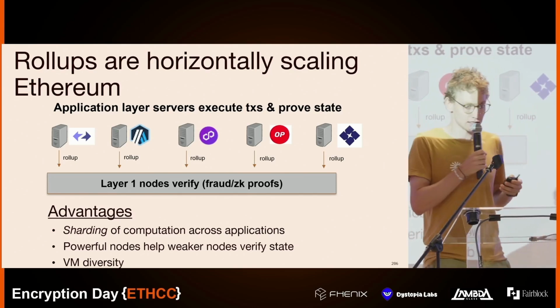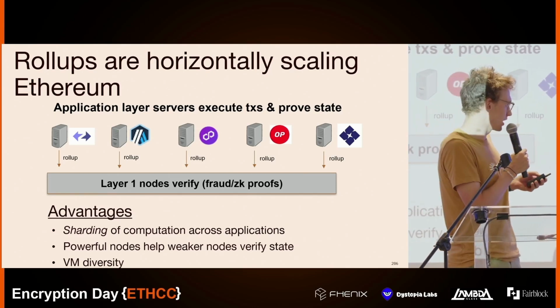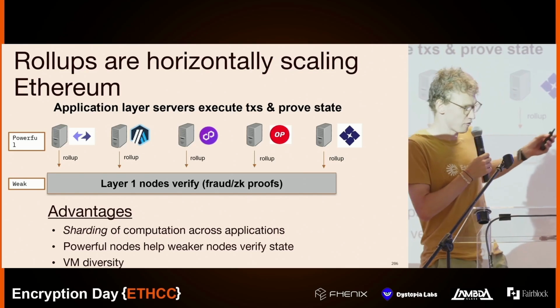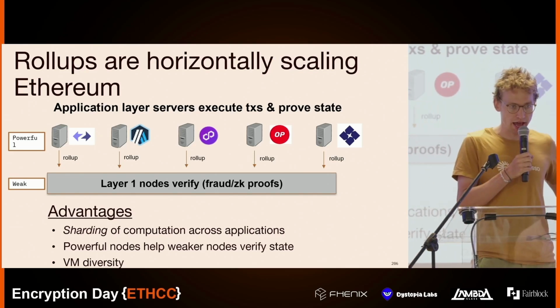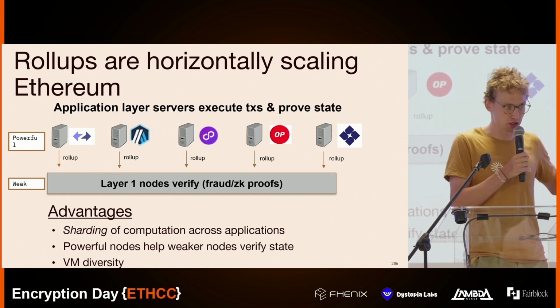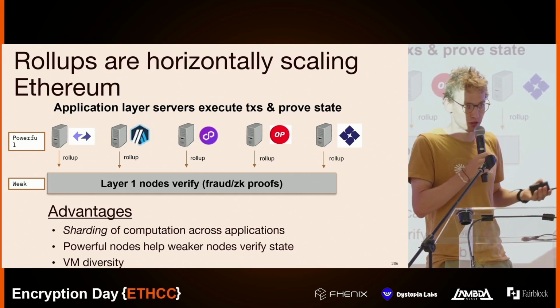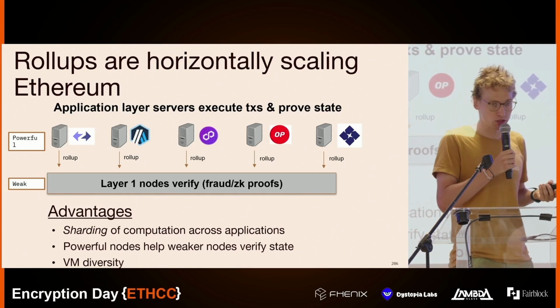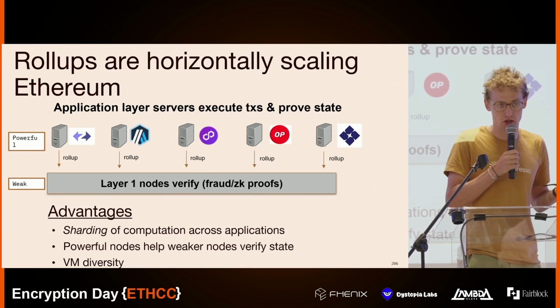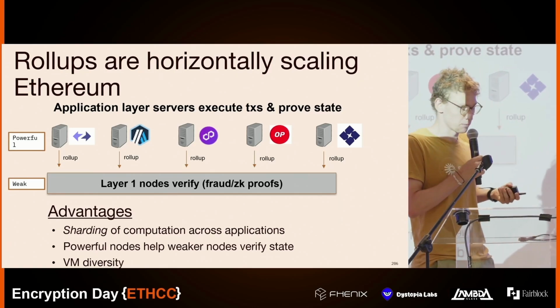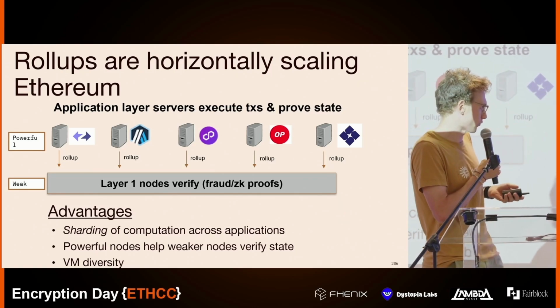It has several advantages where we can have powerful servers, and these servers do the computation, and then a weak layer 1, for example a smart contract, can verify the computation without having to redo the entire computation. This is supported by proofs, either cryptographic ones or fraud proofs.